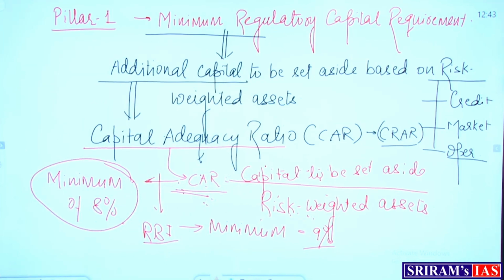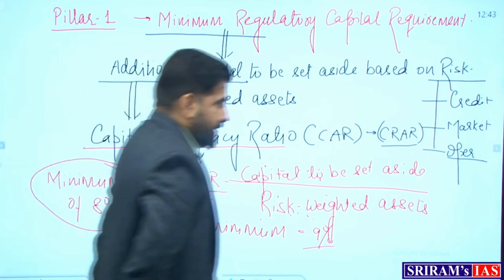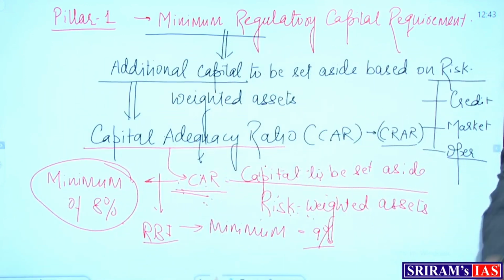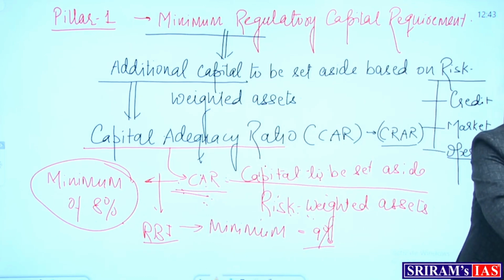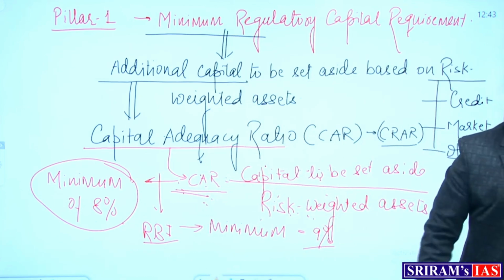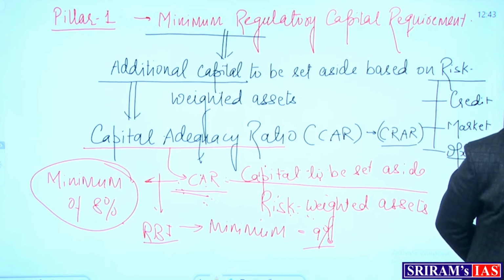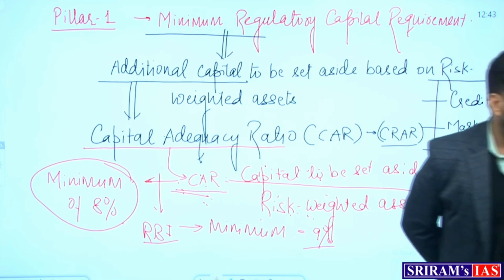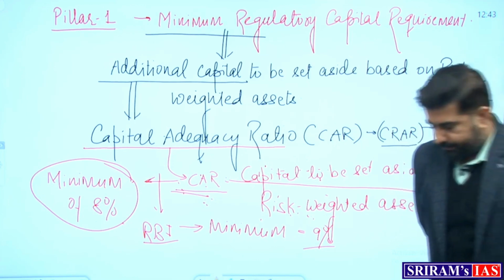So RBI has adopted a minimum CAR of 9% for Indian banks, in bracket, higher than Basel III norms prescription.